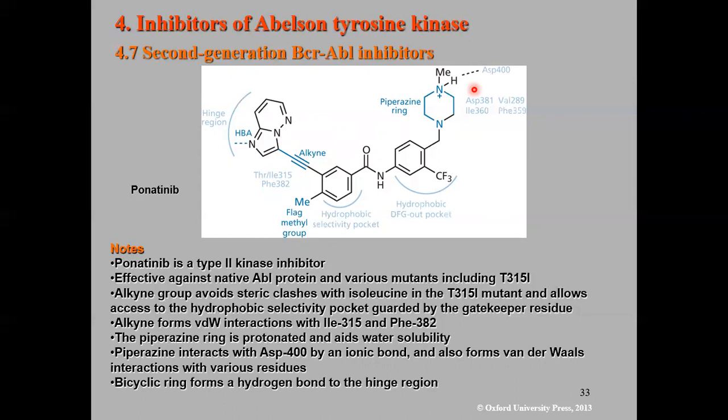The bicyclic ring forms a hydrogen bond to the hinge region. And we mentioned the moment we start talking about these inhibitors, the kinase inhibitors, especially the tyrosine kinase inhibitors, that you need a hydrogen bond at the hinge region.